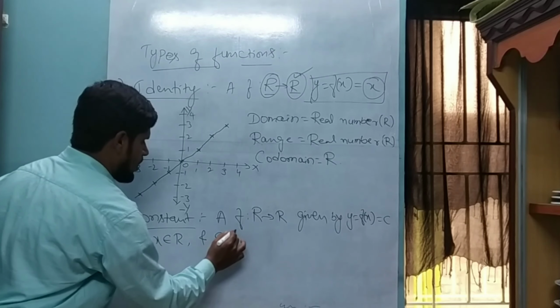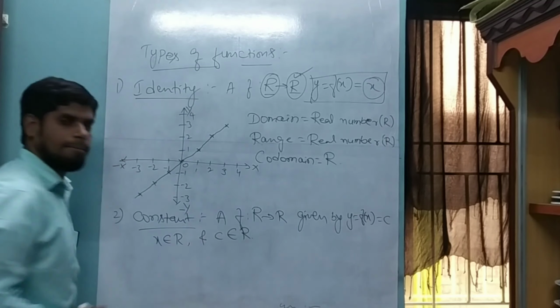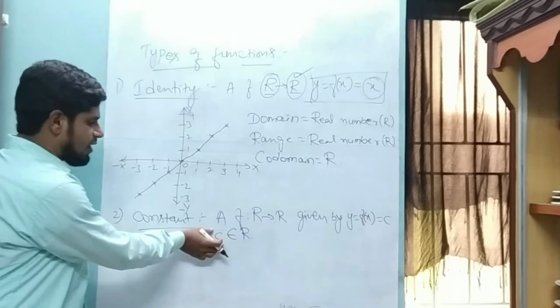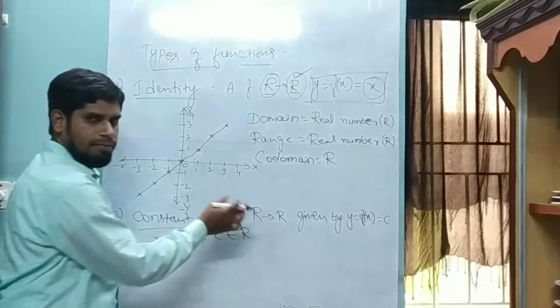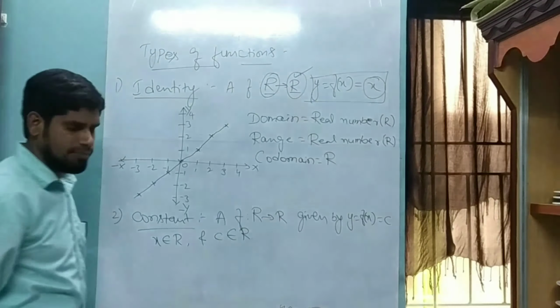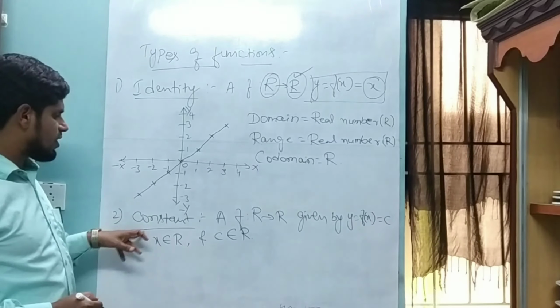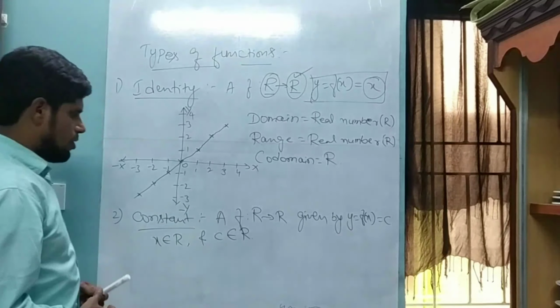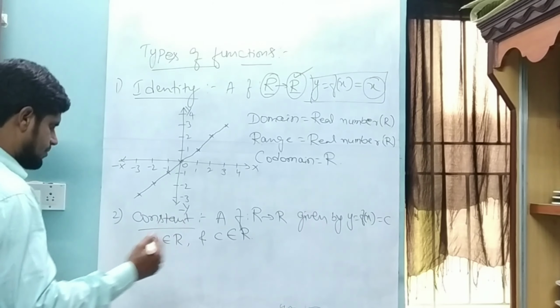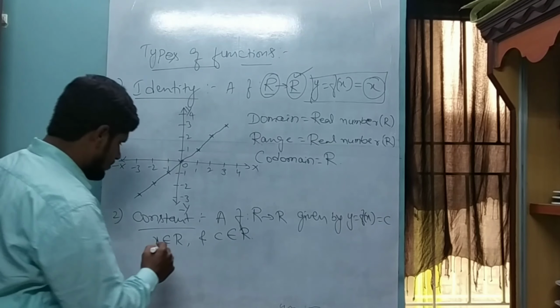Means this c, whatever constant value we are taking, must belong to the real numbers. It cannot be outside the real numbers. This is the definition of a constant function. So let us see the graph of this constant function.